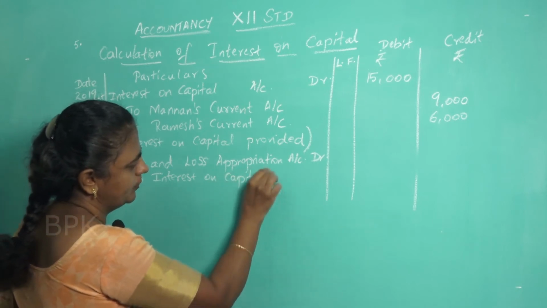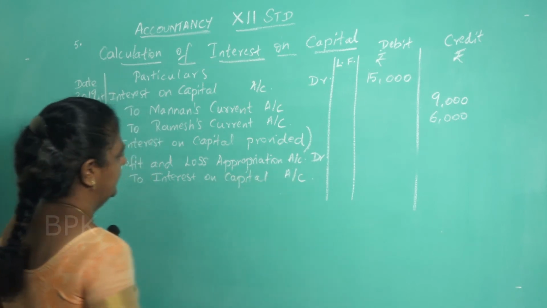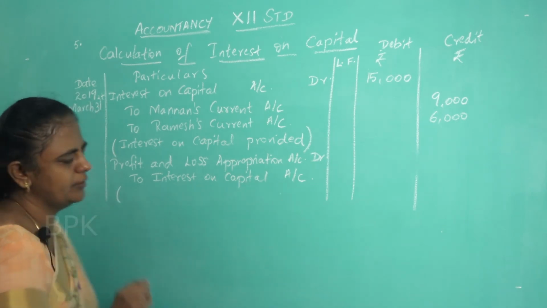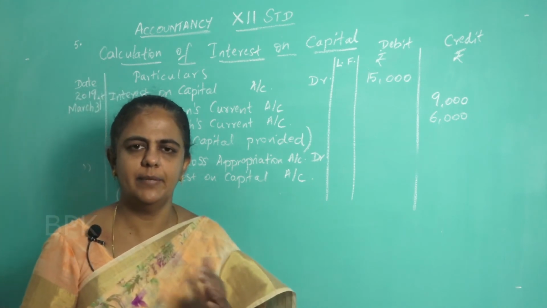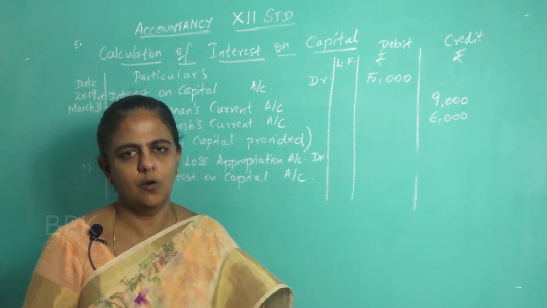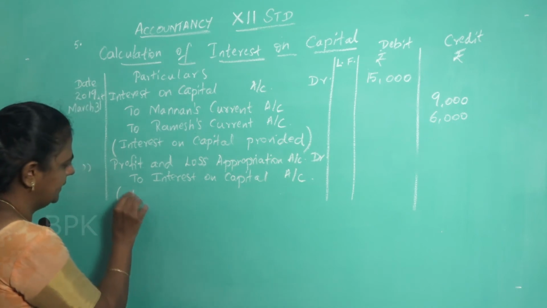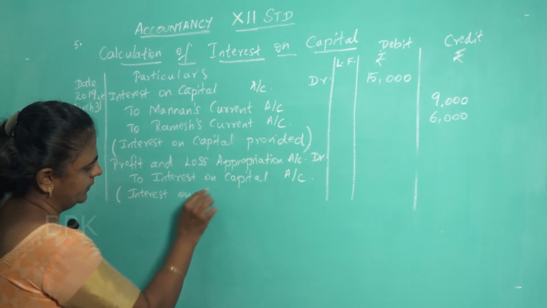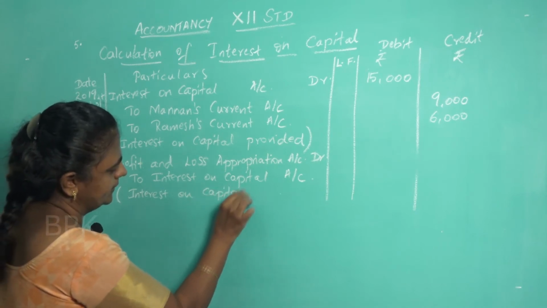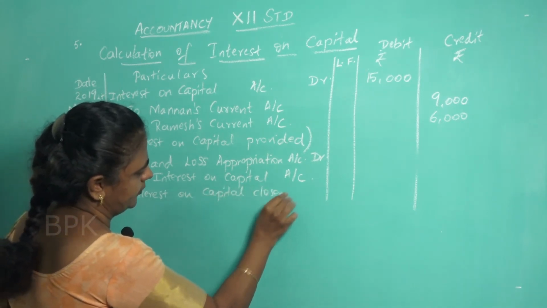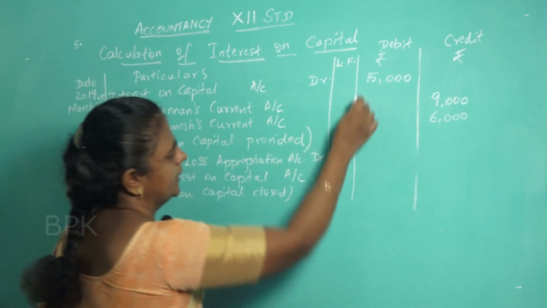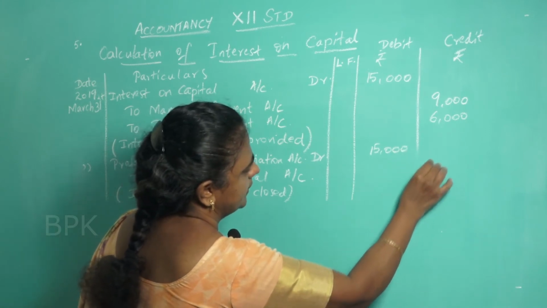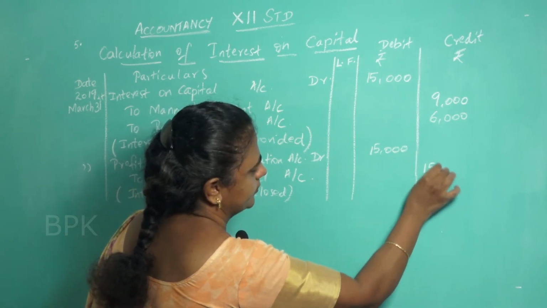It is debited to profit and loss appropriation account, to interest on capital account. As soon as you transfer it to the profit and loss appropriation account, this interest on capital gets closed. So you write the narration like this: interest on capital closed. What is the total interest on capital? 15,000. So write on the debit side 15,000, as well as on the credit side also 15,000.